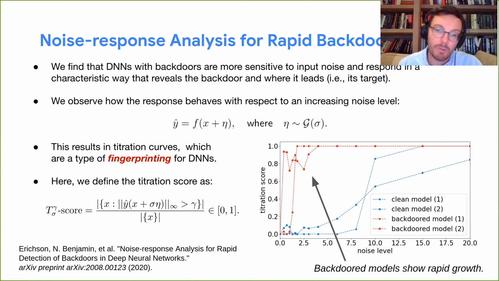By that I mean that they are very sensitive to even very small input perturbations as compared to a clean model. These insights allow us to compute what we call a titration curve. We can use a titration curve as a type of fingerprinting for deep neural networks. That is important to validate the quality of a neural network before it gets deployed in a real-world application.